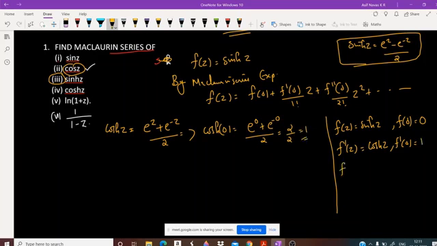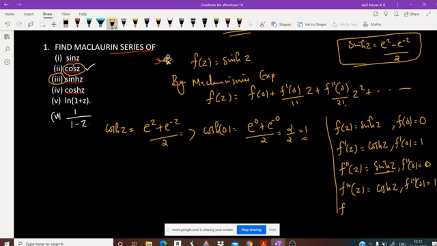Now f double dash of z is again sin hz, since the derivative of cos hz is sin hz. F double dash of 0 is again 0. F triple dash of z is, if you find the derivative of sin hz, cos hz. Then f triple dash of 0 is 1.